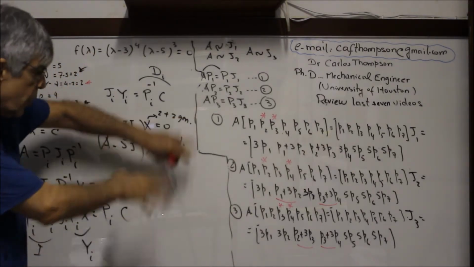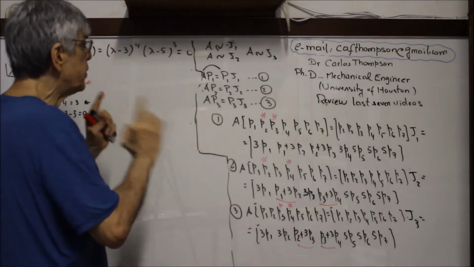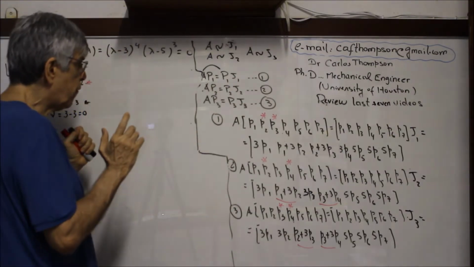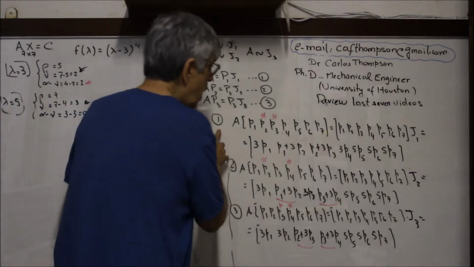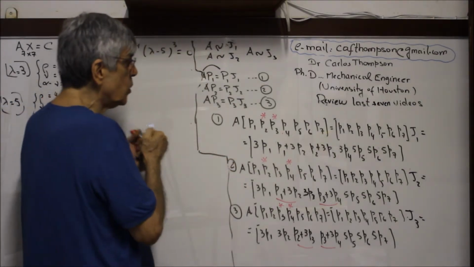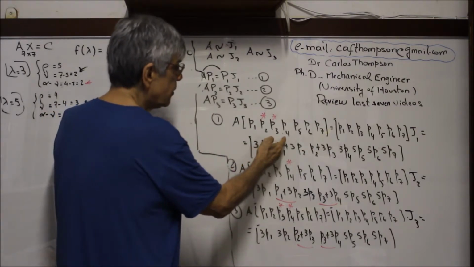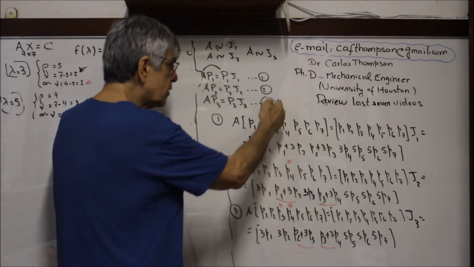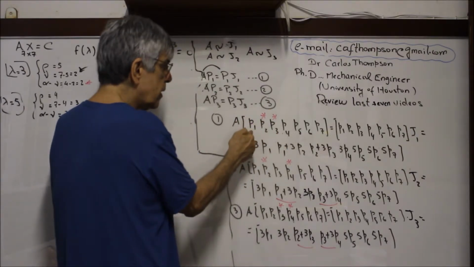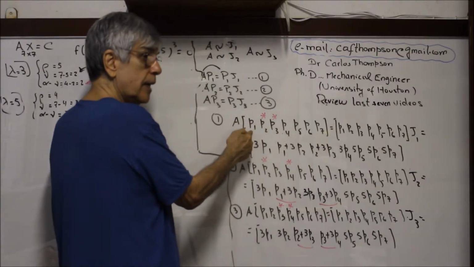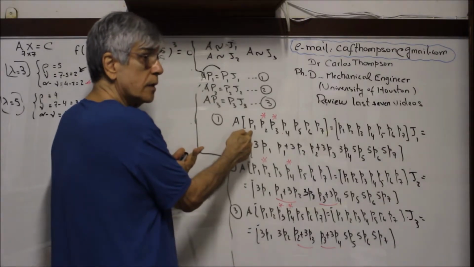See? Nothing to do. I would like to remind you, for instance, for this case 1, I could exchange the column of this vector P4 and put it over here and call it P1.